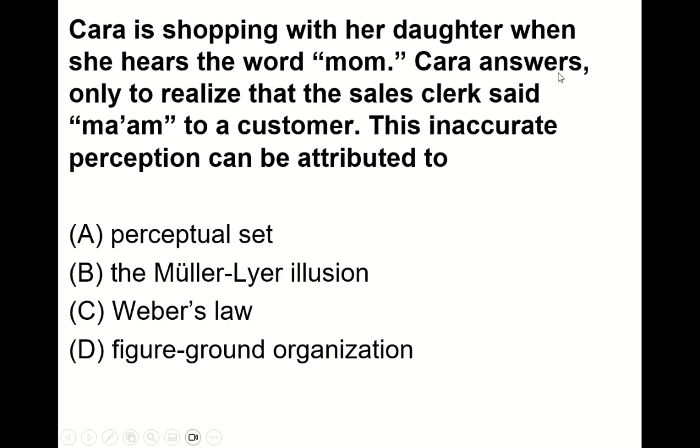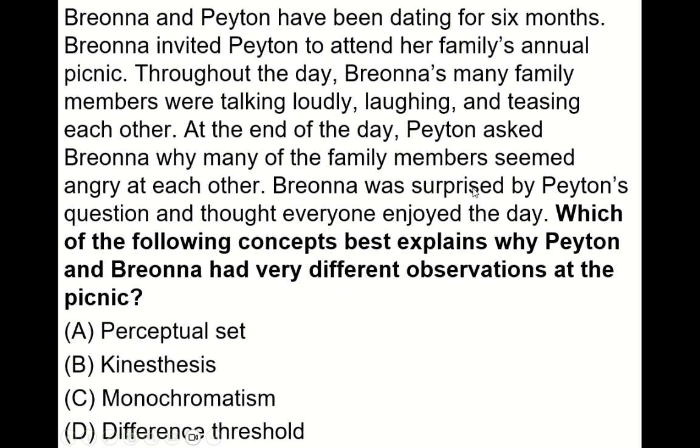All right, so do this. The answer is perceptual set. Kara is expecting to hear from her mother. So that's what she perceived it. All right, read this, do this question. The answer is perceptual set.